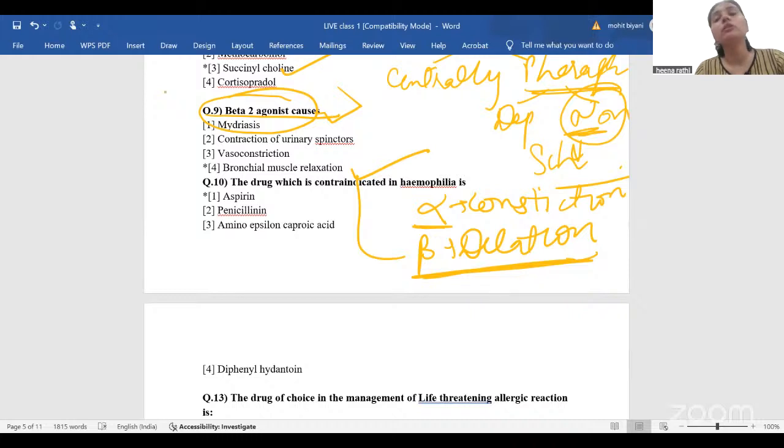That is why beta 2 agonists, salbutamol, are used in conditions like asthma and COPD, because in COPD and asthma there is a bronchospasm. We want to relax the bronchial smooth muscles, so bronchodilation is done by the beta 2 agonist.